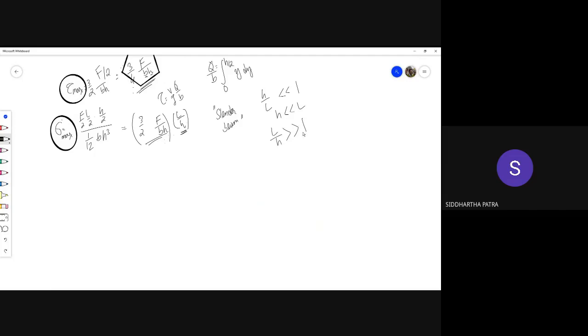And let's say if I take H by L actually 0.1, then tau max is only 1 in 20 of sigma max.